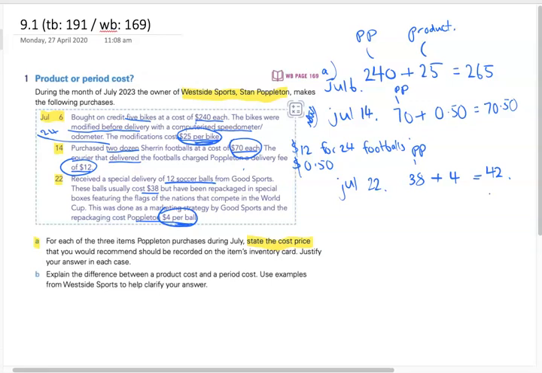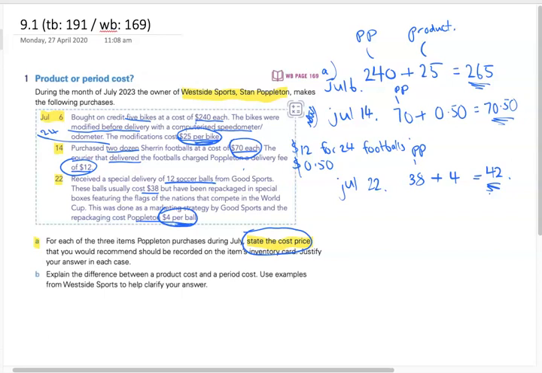So if we are thinking about the cost price of each of these items, we would say that the bikes are $265, the footballs are $70.50, and our soccer balls are $42.